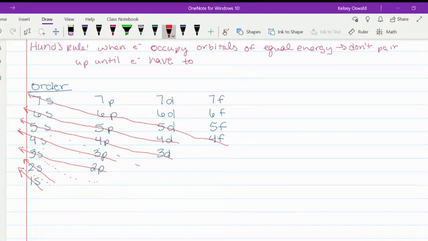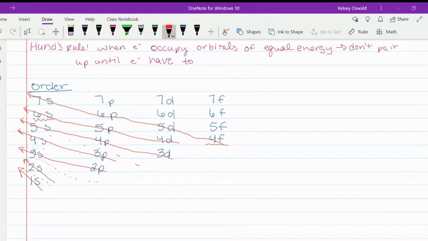So notice how we don't have enough energy to make the flower shape until we get to that fourth energy level, and our 4f is actually going to be higher in energy than our 6s. That's why we'll fill our 6s sublevel first and then do our 4f.